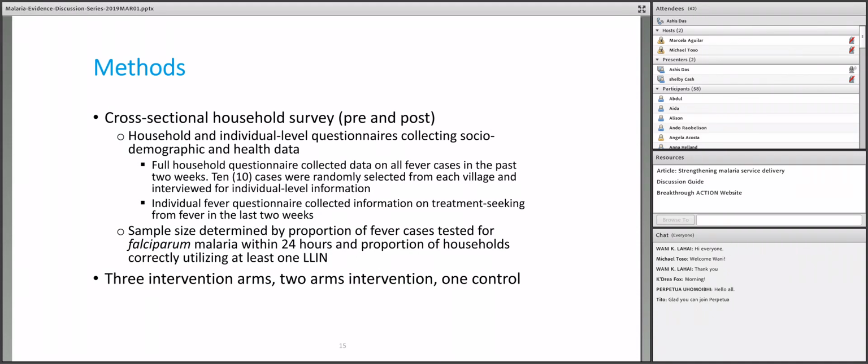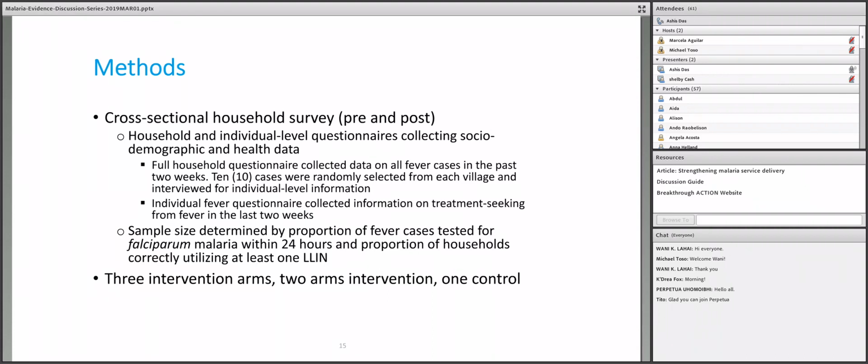One arm was control, one was intervention only with community mobilization, and the other one was the combined intervention, combining community mobilization with supportive supervision. There were 2 rounds of household surveys before and after the intervention.